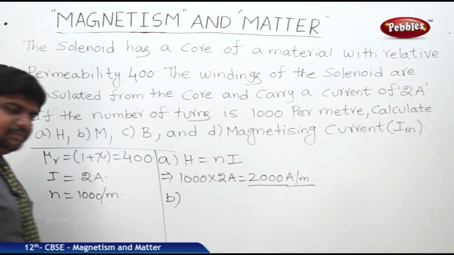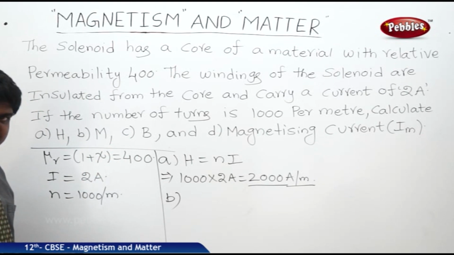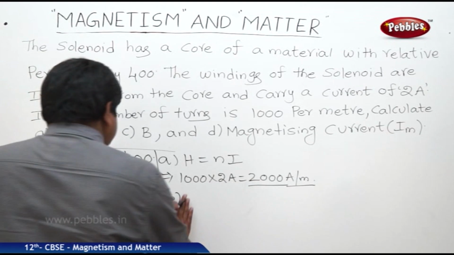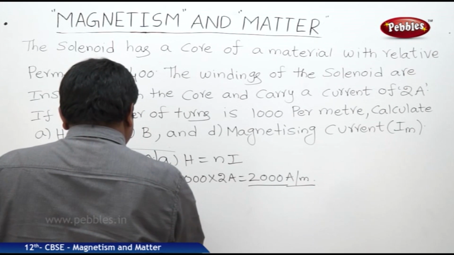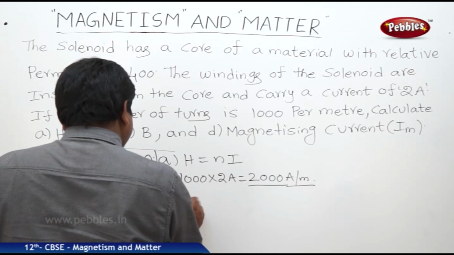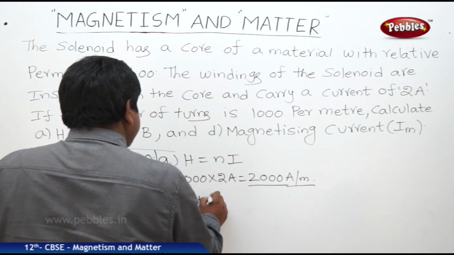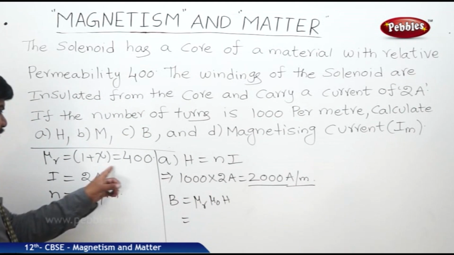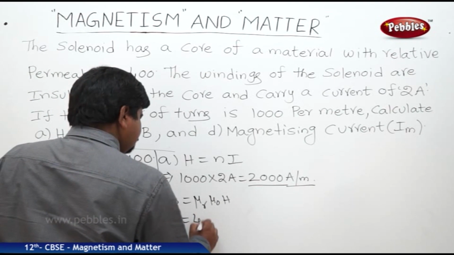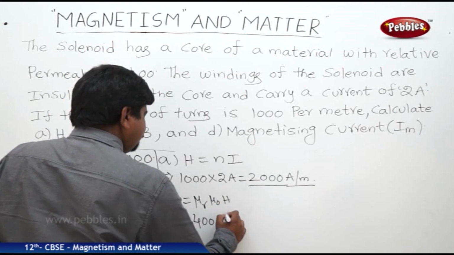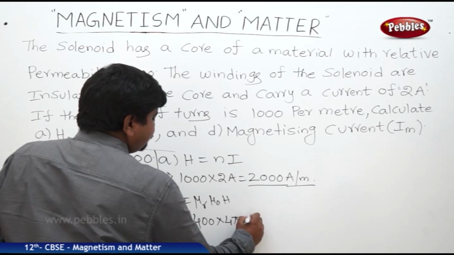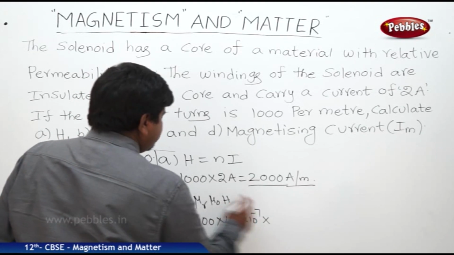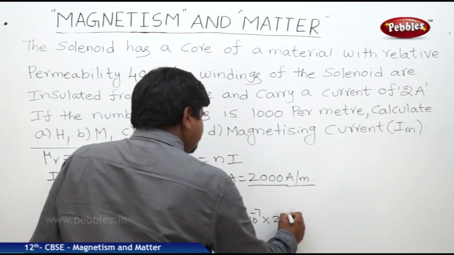To find out M, we should find out B first. The B value is mu R mu naught H. Mu R we have 400, mu naught is 4 pi into 10 to the power of minus 7, H is 2 into 10 cube.